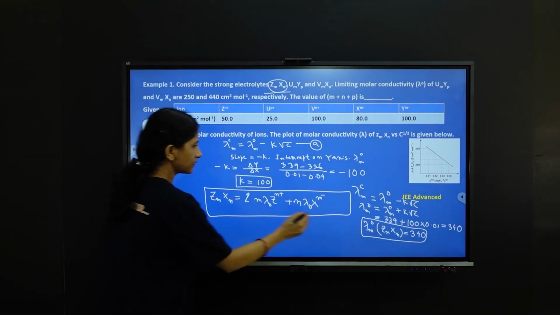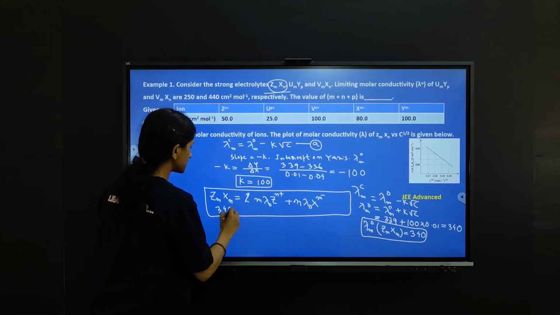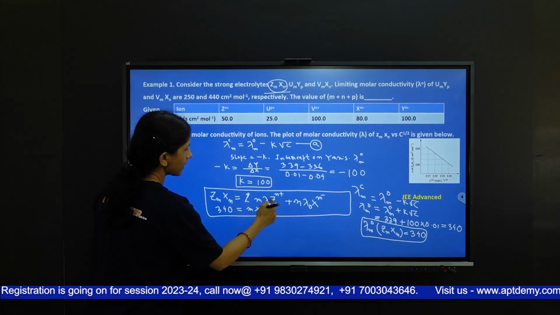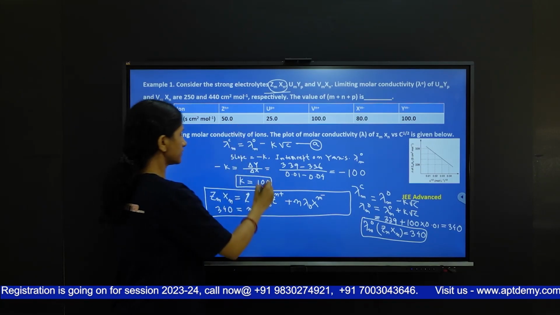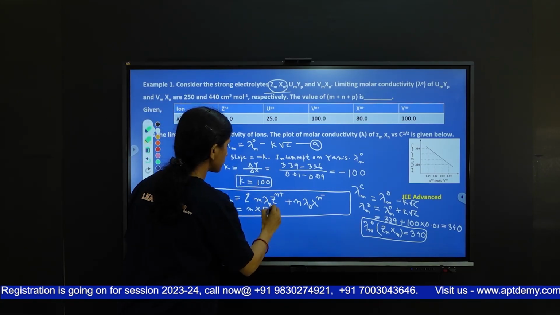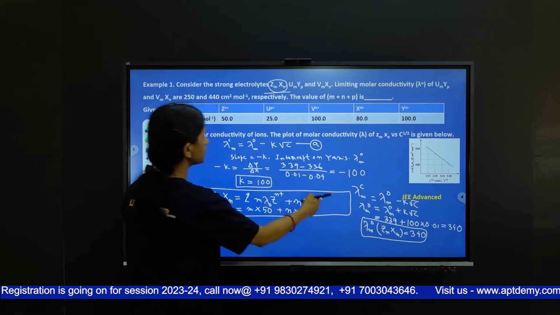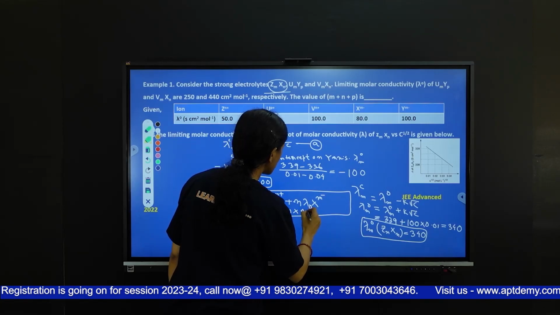And from here, our lambda 0 ZMXN, we have calculated it as 340, and m times lambda 0 Zn plus you can get from here, this is m times 50, plus n times lambda 0 Xm minus, you can get it here, this is 80.